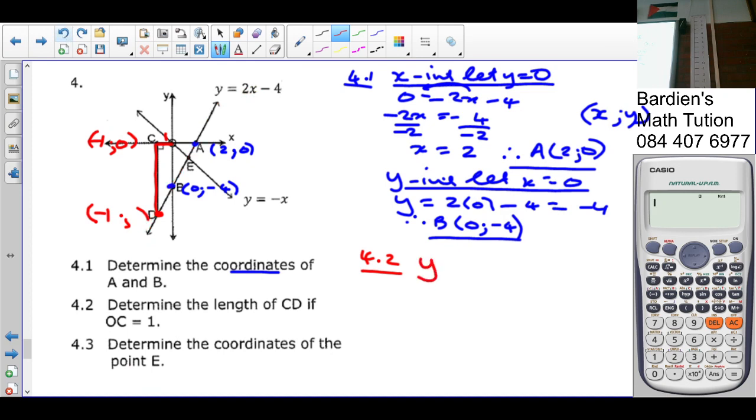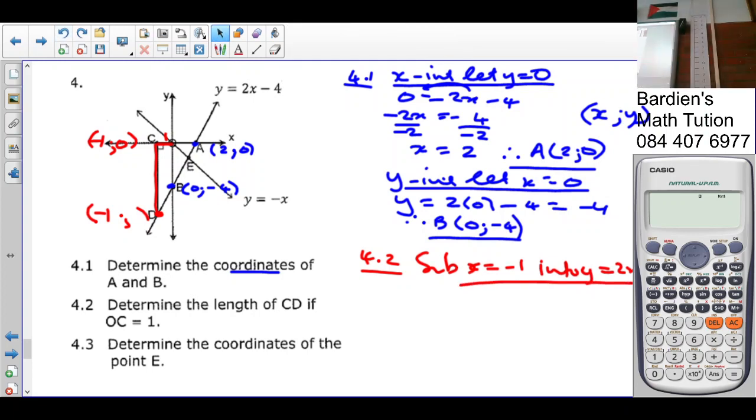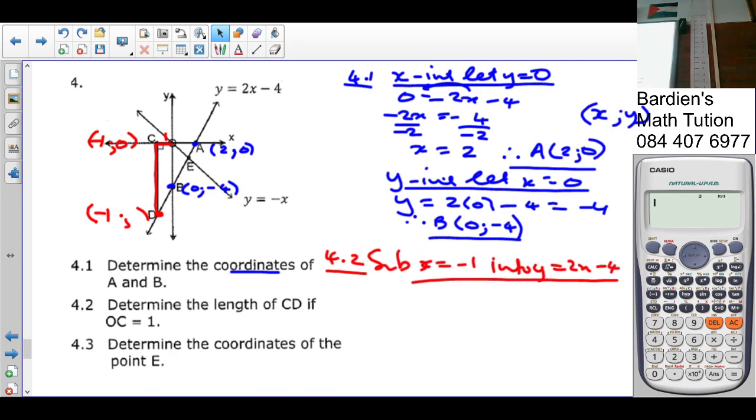We're going to substitute x is equal to negative 1 into y equals 2x minus 4. So, let's check maybe it's cut off. Yes, it is. Okay. So we say y equals 2 times negative 1 minus 4, which is negative 6. So the y value is negative 6.